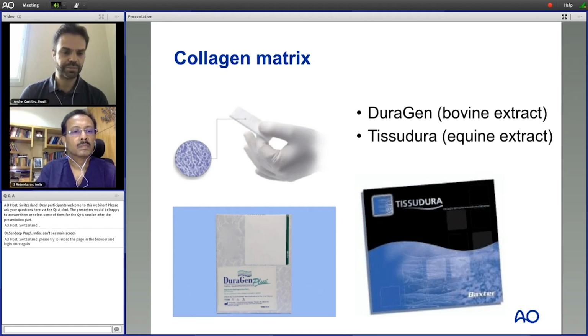Finally, we have the collagen matrix, also mentioned by Bastian. We have Duragen, which is a bovine extract, and we have also Tissudura, which is an equine extract. They basically form a scaffold for the fibroblasts to proliferate into and form a barrier, impermeabilizing the dura.